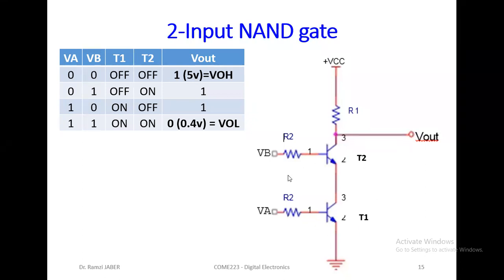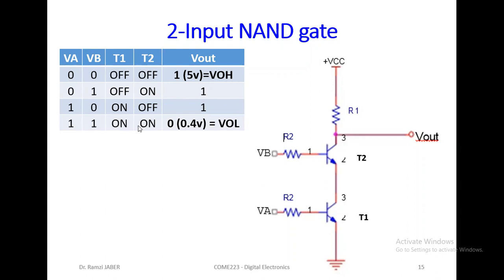So this will be off, because in series we want it to be grounded. We want, at the same time, this transistor on and this transistor on to connect it to the ground. Else, this line is an open circuit. To connect it to the ground, both transistors must operate together at the same time. So we have it on 1, 1 only.